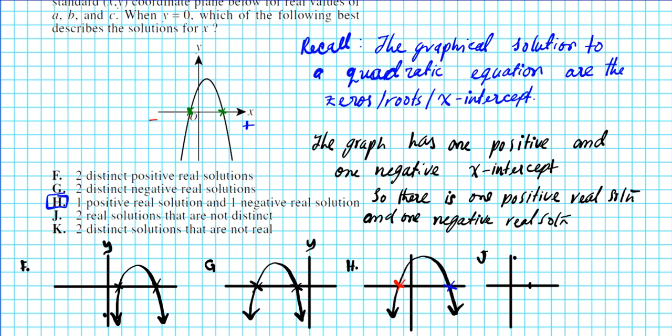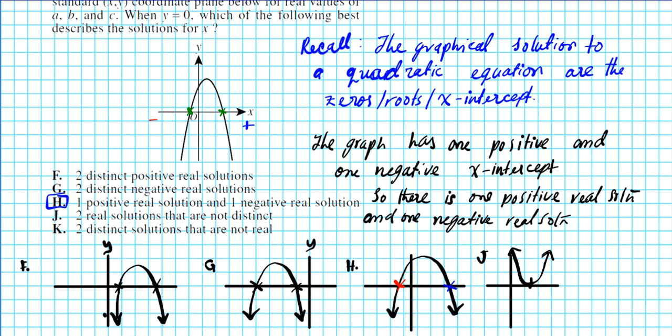So it's going to look something like this. Okay? It doesn't cross, it just touches and then goes. It's like a touch and go type situation. But these ones actually cross. Okay? So this is a situation where we have two real solutions that are not distinct. You have a double root scenario.